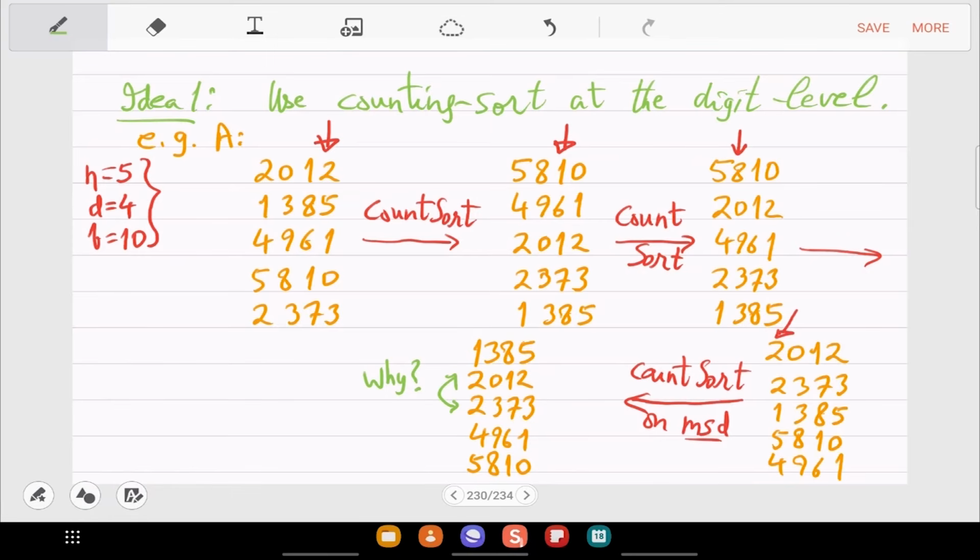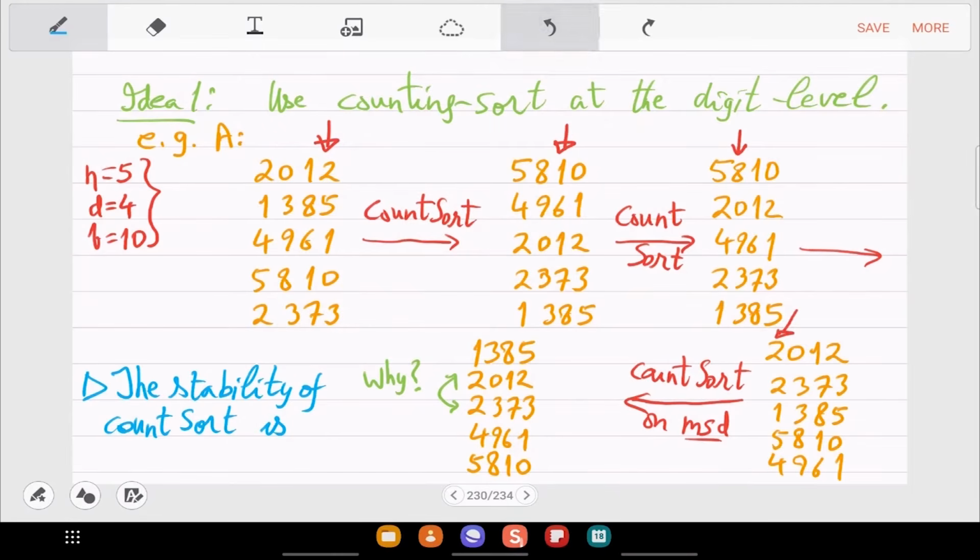So all the logic is now tied together here. So the stability of count sort is critical.